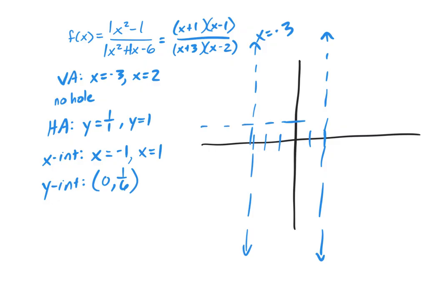Y equals 1 is a horizontal line. It's going to cross the x-axis at -1 and +1. And then at positive 1/6, which would be right above the x-axis between 0 and 1.